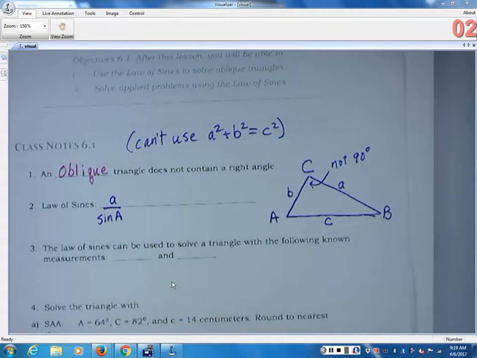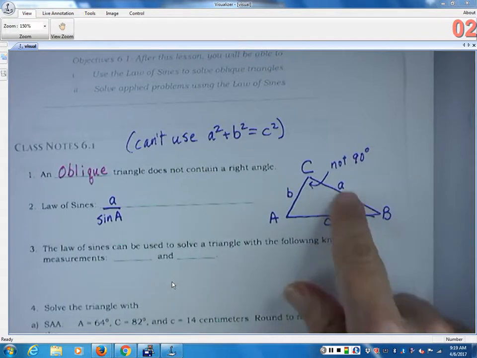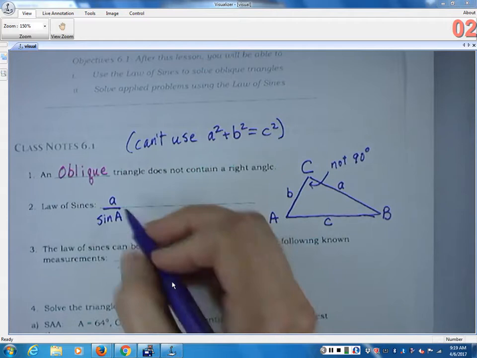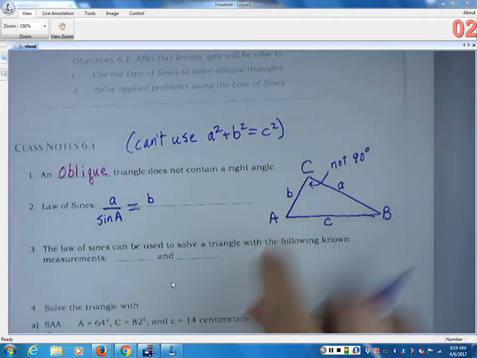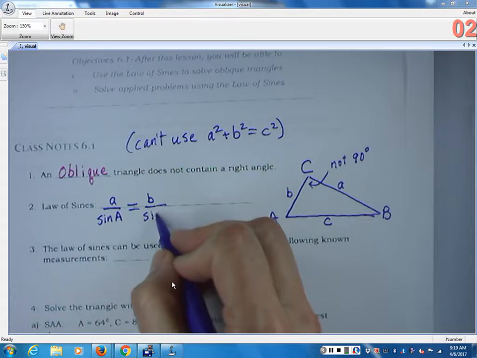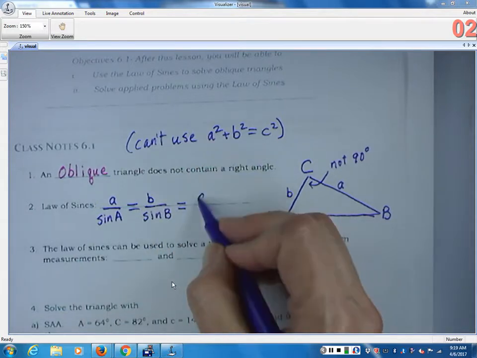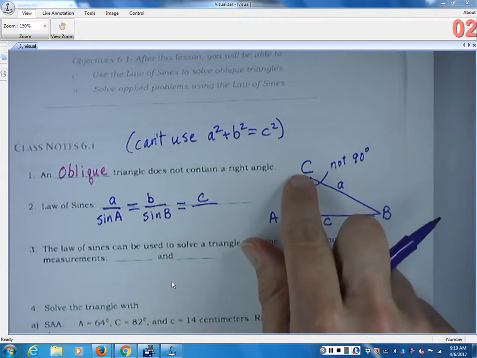And it's the side opposite over the sine of this angle equals the side opposite over the sine of this angle equals the side opposite over the sine of this angle.